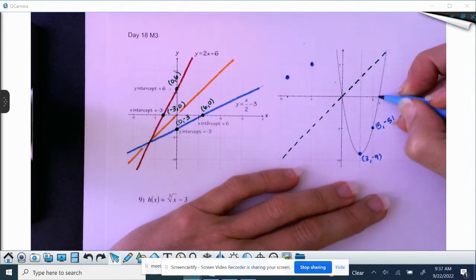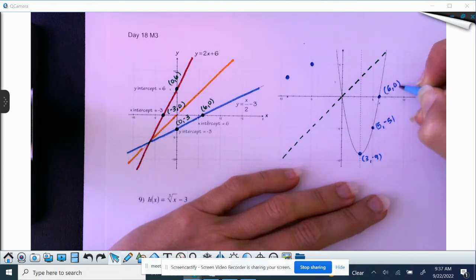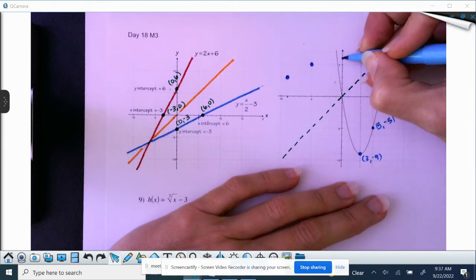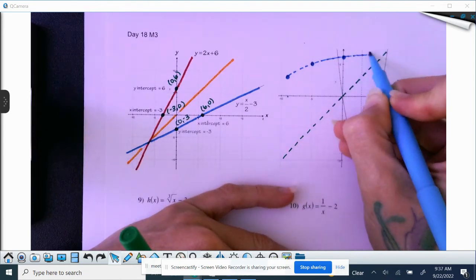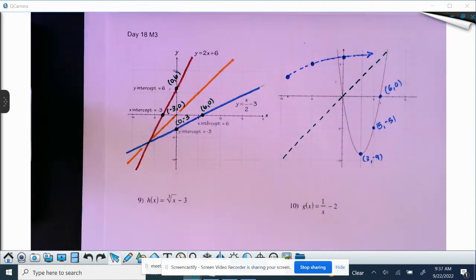So (6, 0) becomes (0, 6), and that would be what you're looking for. You will not necessarily see the other side of the parabola. So that's the only call out where they shouldn't be an exact match across that line.